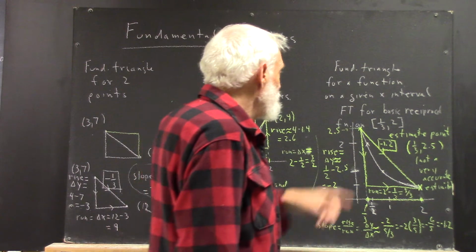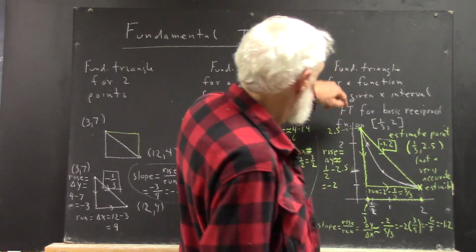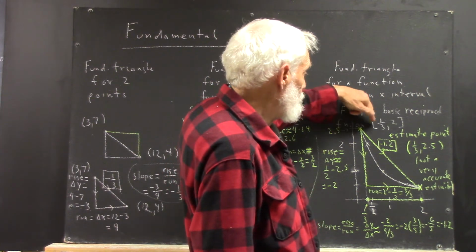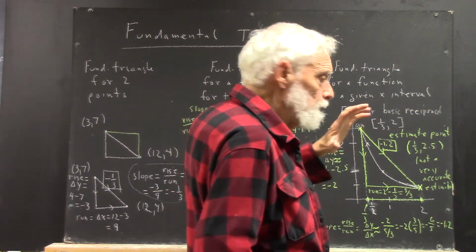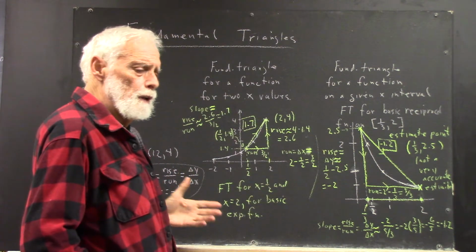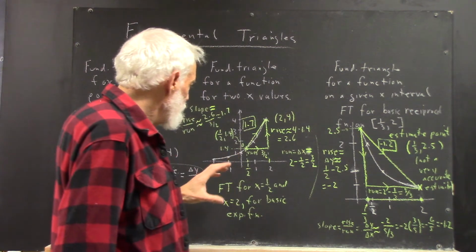Now, the fundamental triangle for a function on a given x interval. We're going to do the fundamental triangle for the basic reciprocal function on the interval 1/3, 2. We're going to do it in the spirit of what we did over here by estimates, even though we could easily calculate the y values that we need.